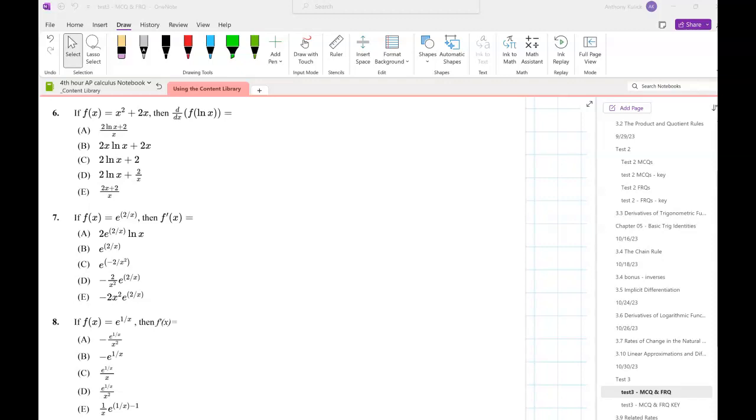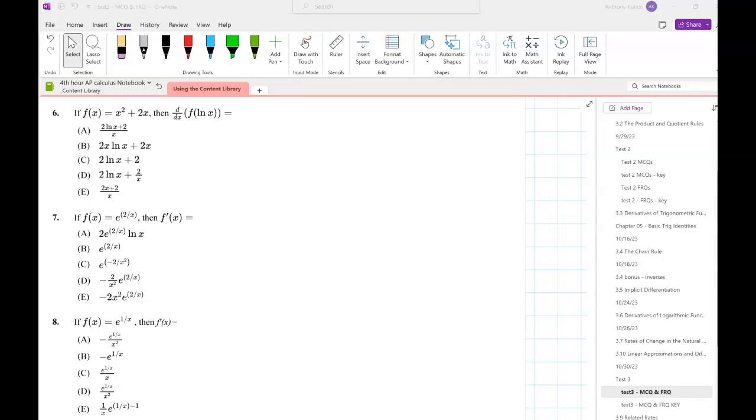So once you think you've got enough to figure out what the answer is, you can go ahead and just write the letter, right? So those are both correct.